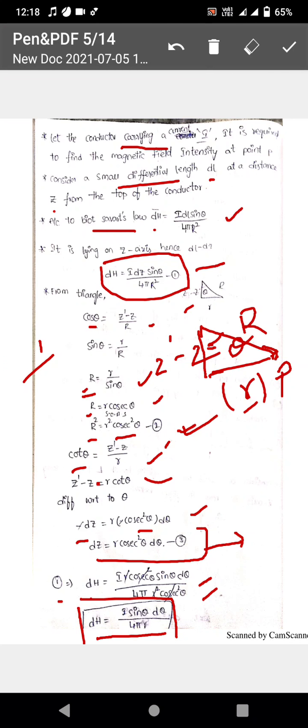If you substitute equation 3 in equation 1, dh equals I dz sin theta by 4 pi R square, where we substitute dz equals r cosecant square theta d theta. Therefore we can write I sin theta d theta by 4 pi r.